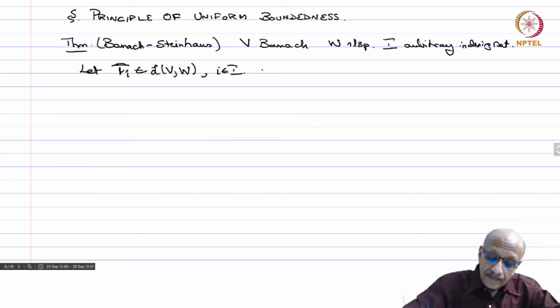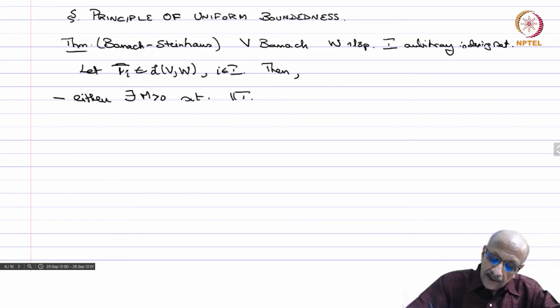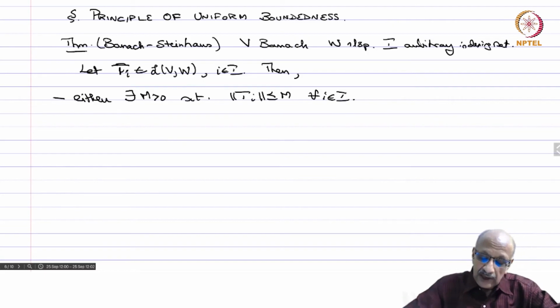Then there are two alternatives. Either there exists an M positive such that norm Ti is less than or equal to M for all i in I. So the Ti's are uniformly bounded, so you see the title which is coming up here.